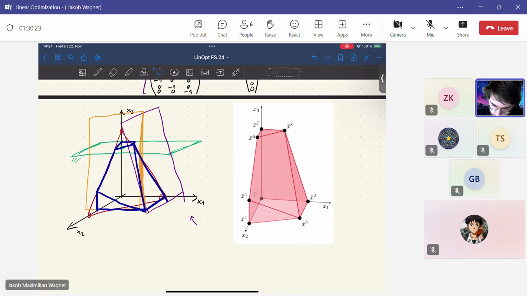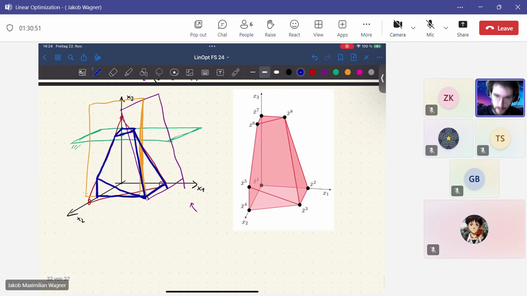And we see that I've already labeled all of the vertices. So we have x1 here, which is just the origin of the coordinate system, and then x2, 3, 4, 5, 6, 7, and 8. Now we've determined them in the drawing, but we also need to somehow rigorously define their coordinates.